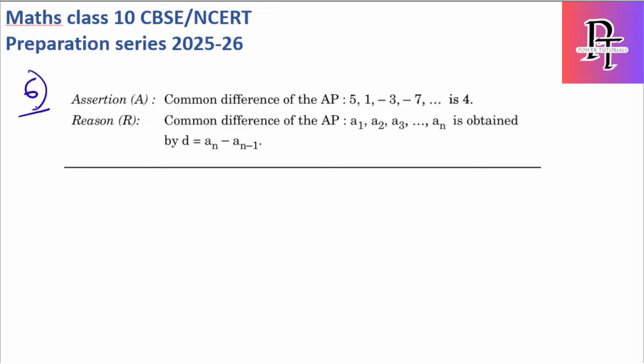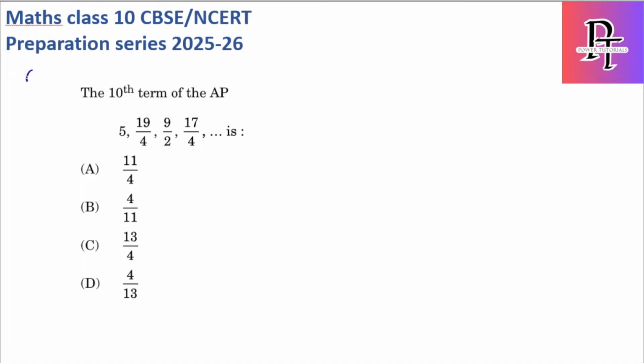Whoever are screening these questions and whoever have any doubts, you can directly ask in the live section. I will later check and answer. Let's continue. Common difference of an AP is 4. This question has already been solved in another set, so I am skipping it. Let's move to the next one.